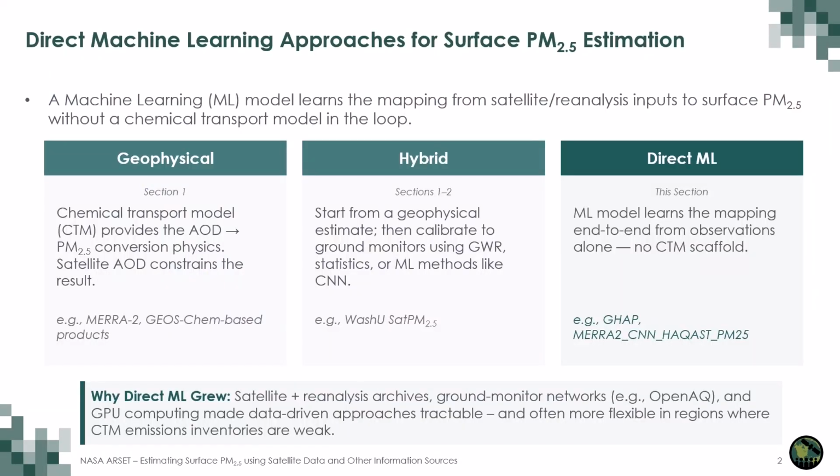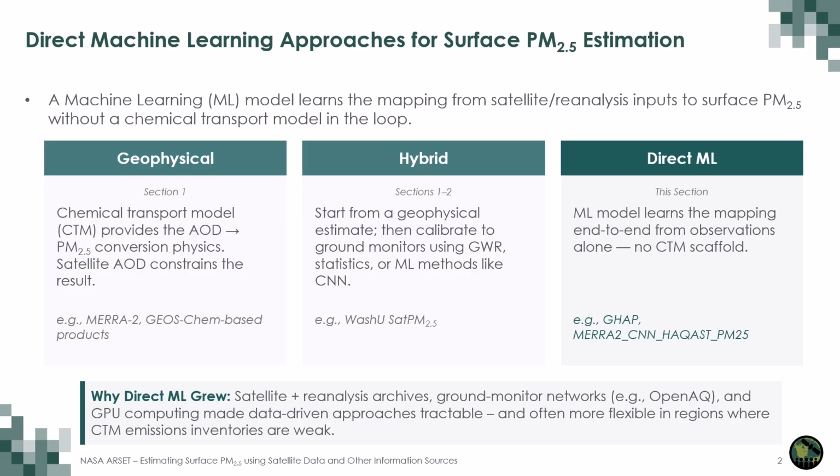So before I start, I'd like to introduce three main categories of approaches used to estimate surface PM2.5 from satellite data and how direct machine learning fits into that landscape. The first two approaches are geophysical and hybrid approaches, which we have covered in the previous section by Aaron. The third is the direct ML approach. In this, there is no CTM in the loop.